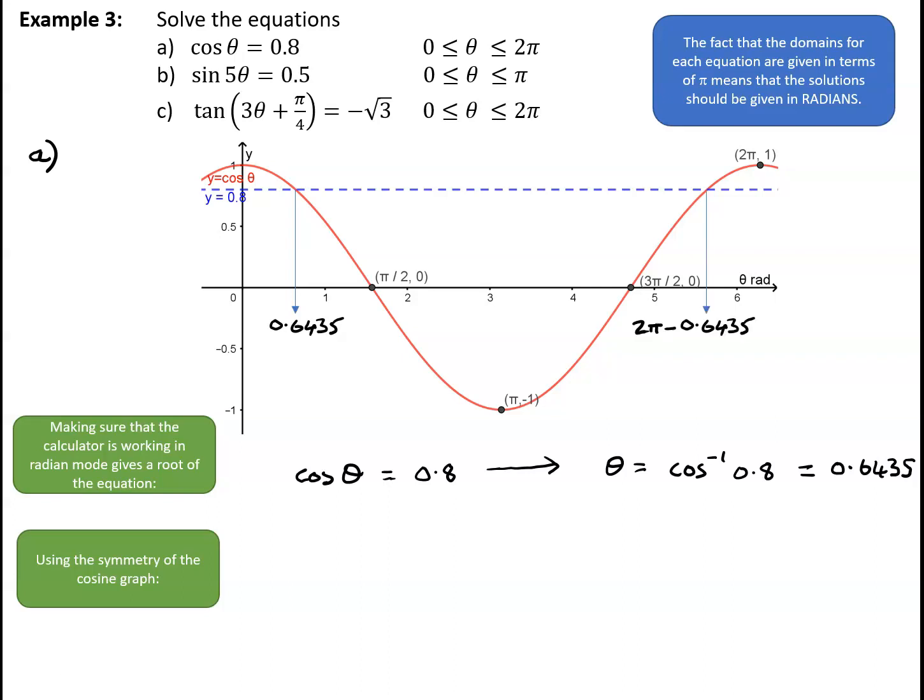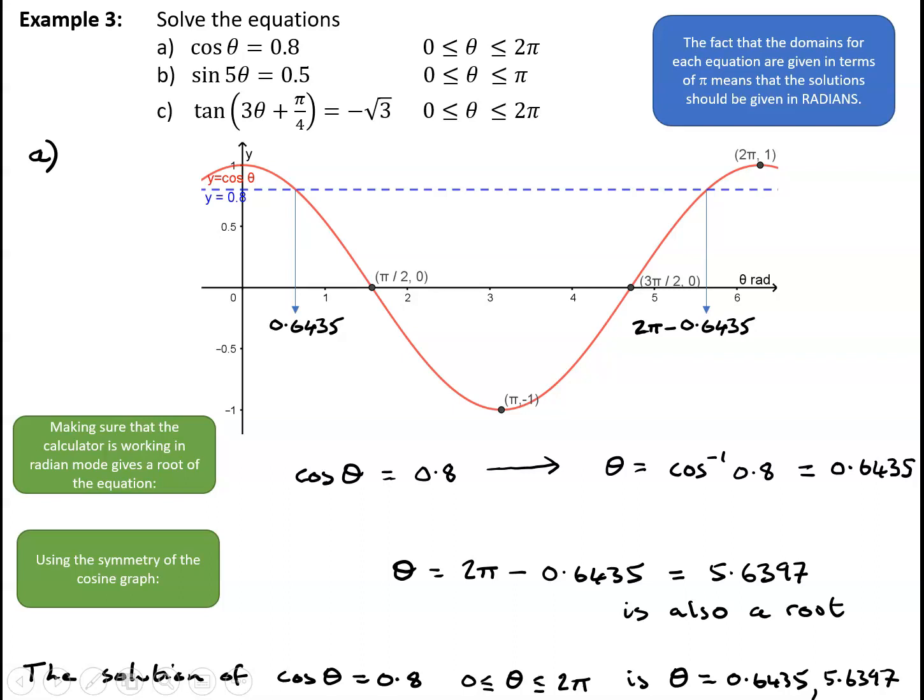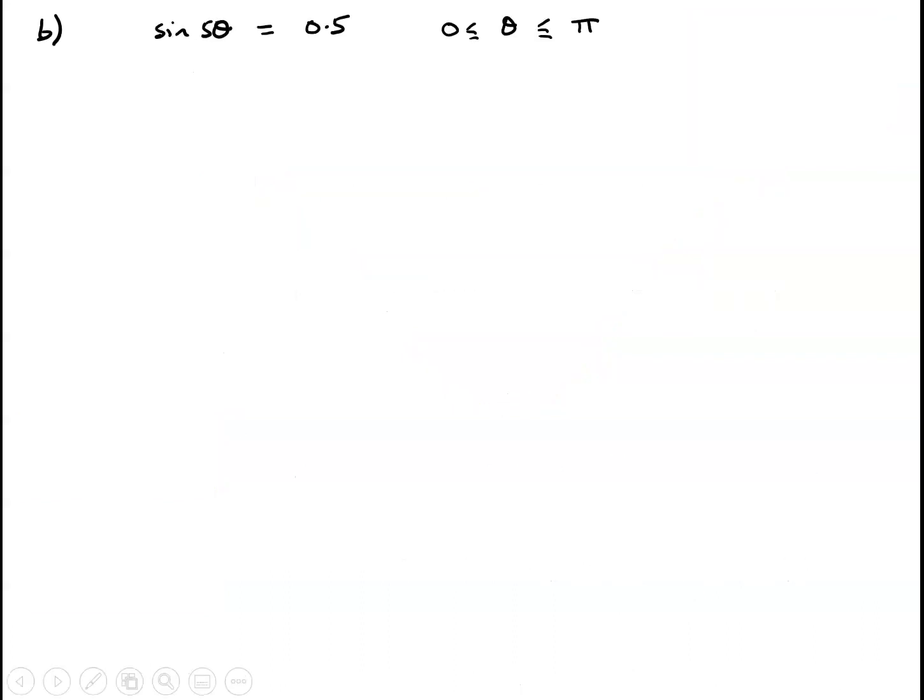In other words, the other solution is going to be at 2 pi minus 0.6435, which gives me a solution of 5.6397. So the solutions of the equation cos theta equals 0.8 for values of theta between 0 and 2 pi are theta is 0.6435 or 5.6397.